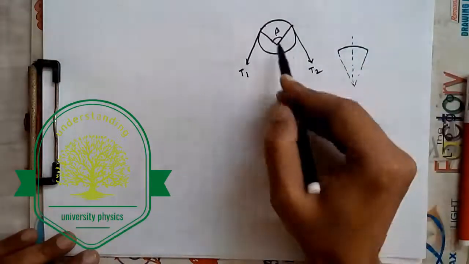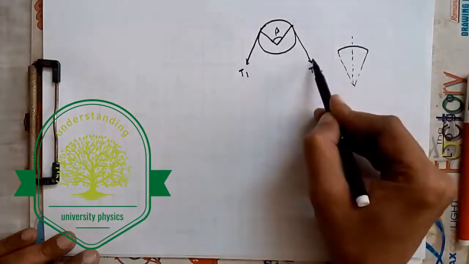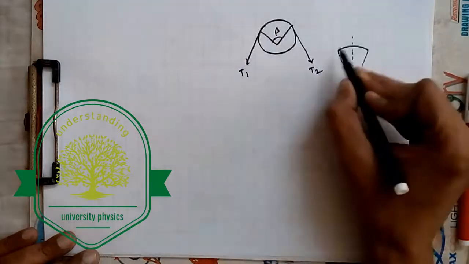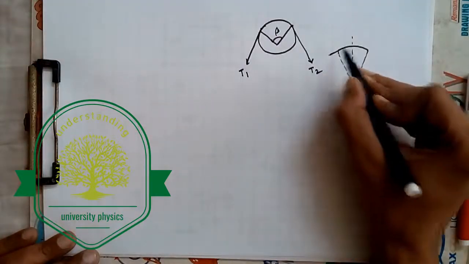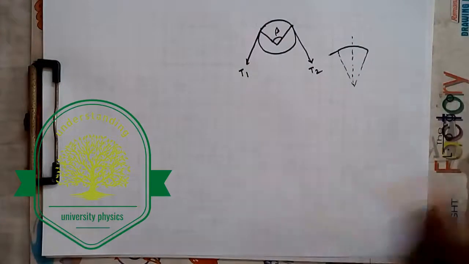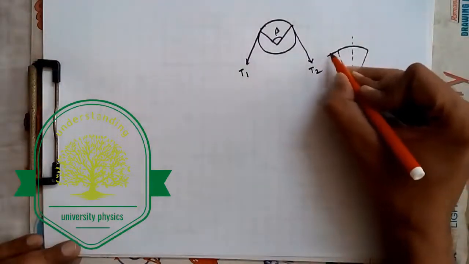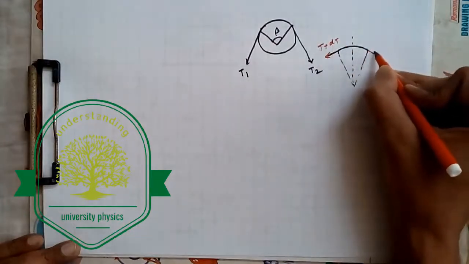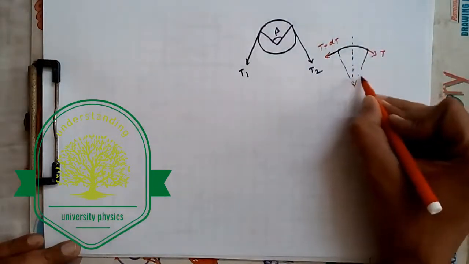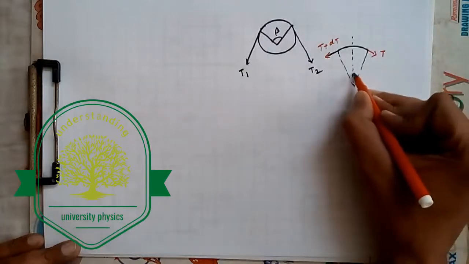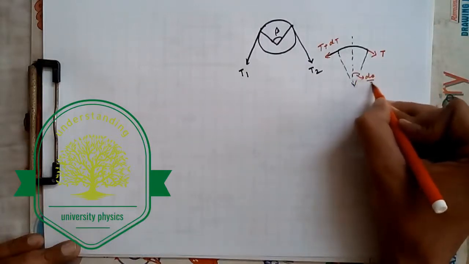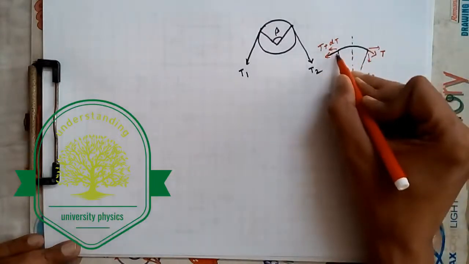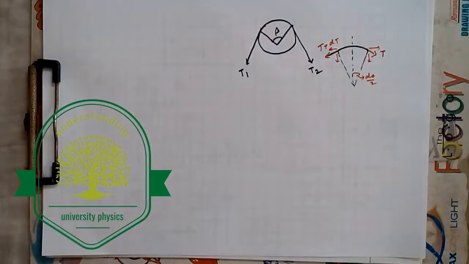If we assume that T1 is greater than T2 and motion just impends, then we can say that the tension on this side is T plus dT and the tension on this side is just T. If the whole angle is d theta, then half of it is d theta over 2. And if we want, we can resolve T and T plus dT into their components.